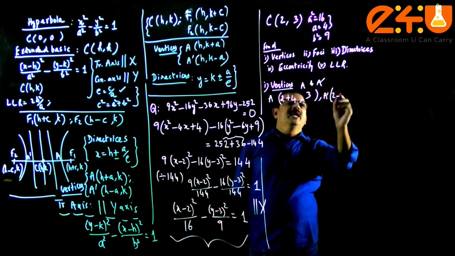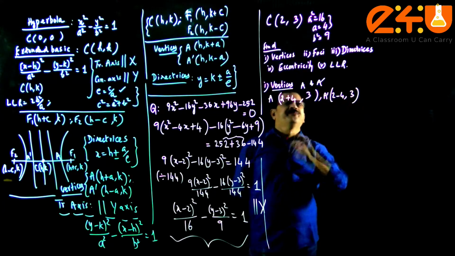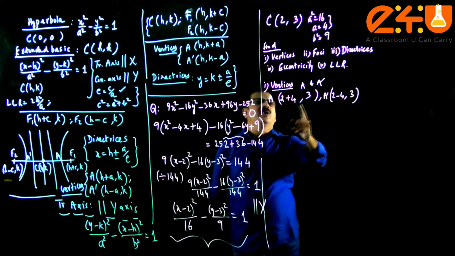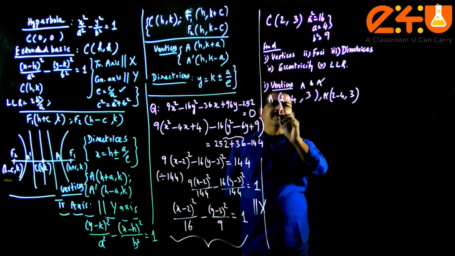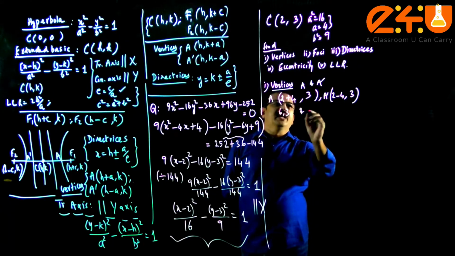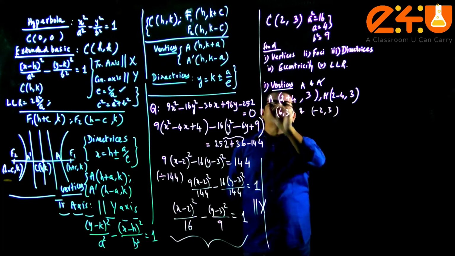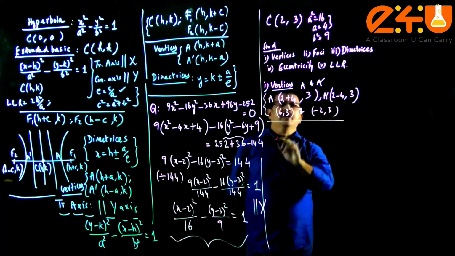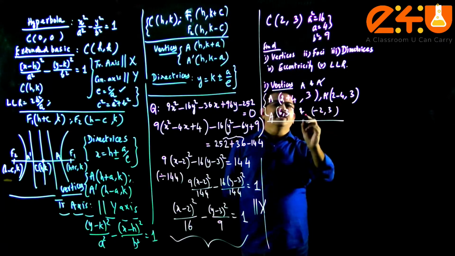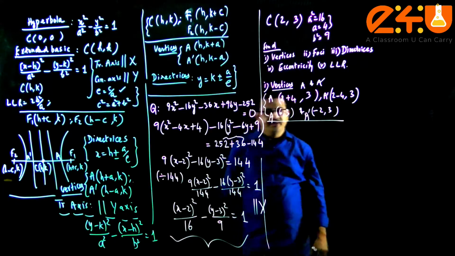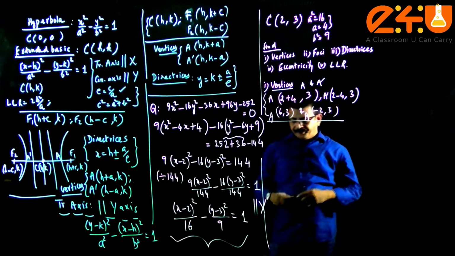Similarly, A units you have to subtract. So it is 2 plus 4 or 2 minus 4. So it is (6, 3) and (negative 2, 3), which are the vertices. So that is for A and A dash.